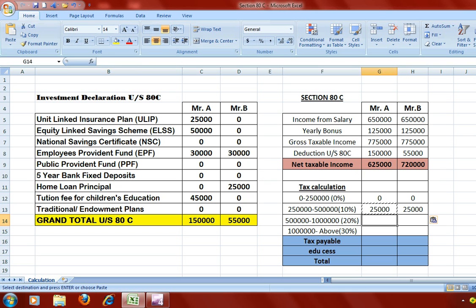This is the area you need to be very careful, because the income levels are capped at 6.25 lakhs for Mr. A and 7.2 lakhs for Mr. B. Hence the difference amount of 6.25 lakhs to 5 lakhs should be taxed at 20%, and the difference amount of 7.2 lakhs to 5 lakhs should be taxed at 20% for Mr. B.